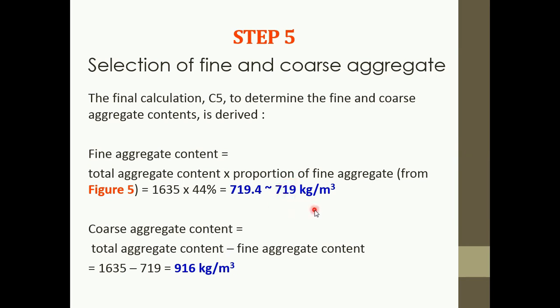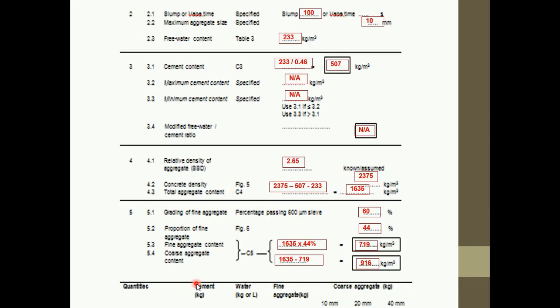The coarse aggregate content is the total aggregate minus the fine aggregate content, then you get your coarse aggregate content. So we put here in the form, you get your proportion of fine aggregate, your fine aggregate content, and your coarse aggregate content.